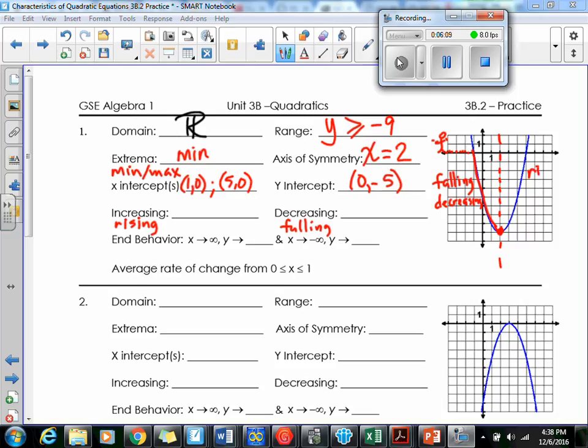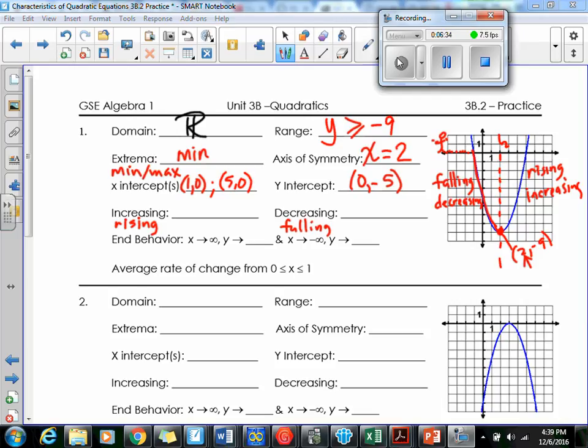So this is rising or increasing, okay? So the turn is happening at x equals 2. That comes from the x coordinate of the vertex, (2, -9). So this number right here is going to help us define our intervals of increase and decrease.